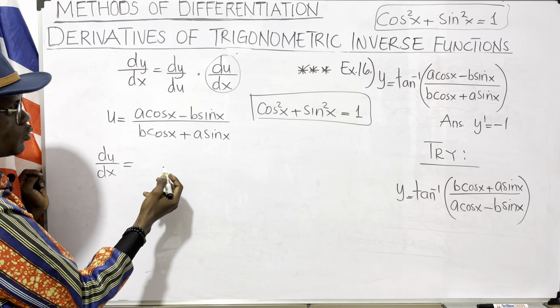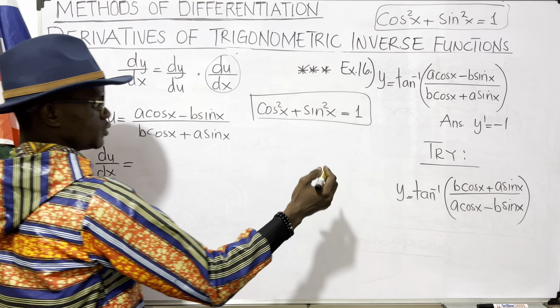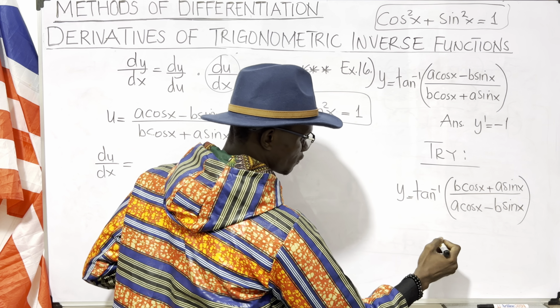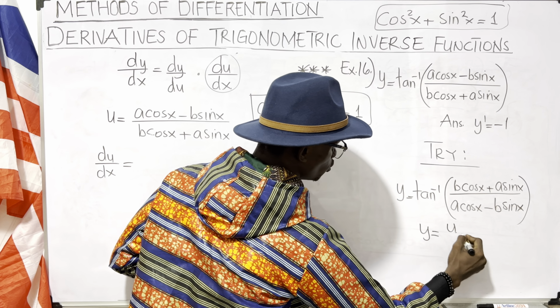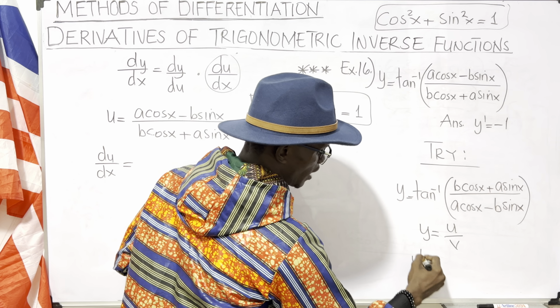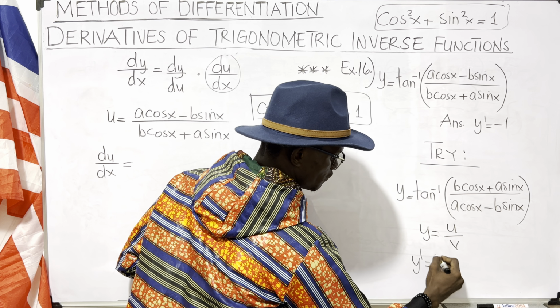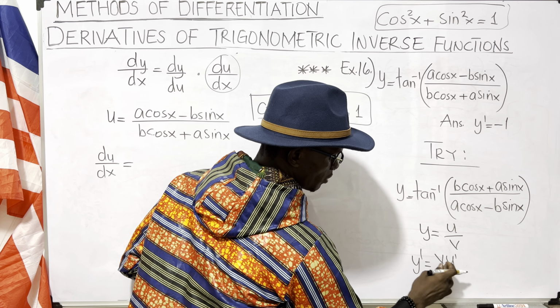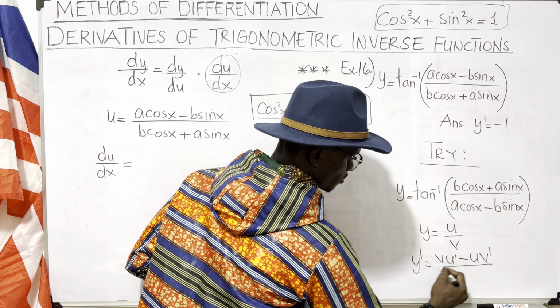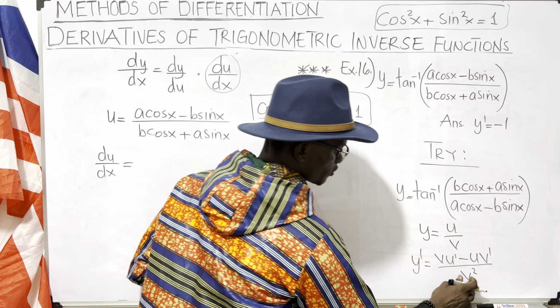Applying the quotient rule, if you have y equals u over v, then y prime equals (v times u prime minus u times v prime) all over v squared.